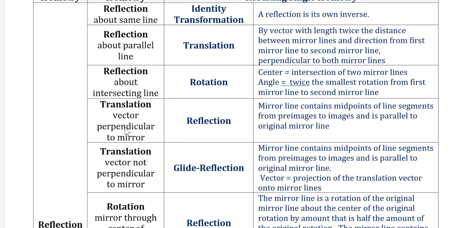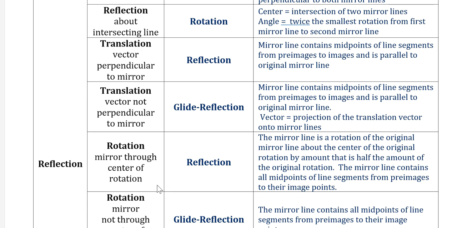If you do a reflection followed by translation and the vector is not perpendicular to the mirror, you get a glide reflection. The mirror line contains the midpoints of line segments from pre-images to the final images, and it is parallel to the original mirror line. The vector is the projection of the translation vector onto the mirror lines.